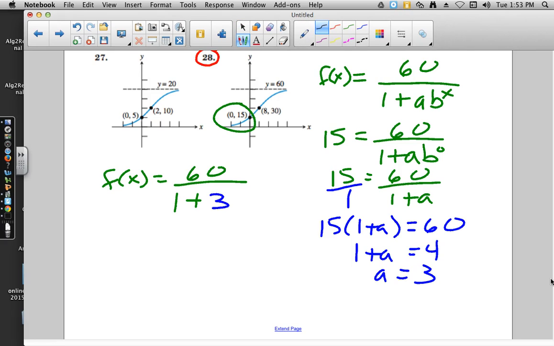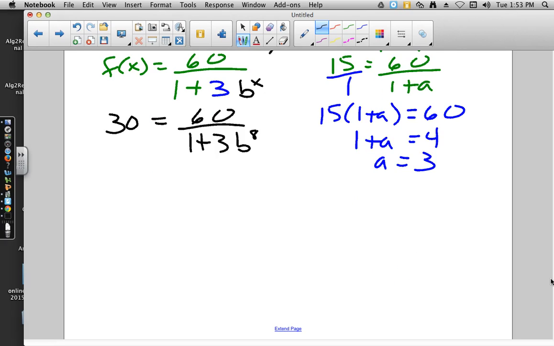So here's the last bit we need. We need to figure out that base. And that comes from the last piece of information that we have here, which is if we put an 8 in for x, we should get 30. So 30 over here means that this was b to the 8th. And again, we would go ahead and slap a 1 underneath here and cross multiply.